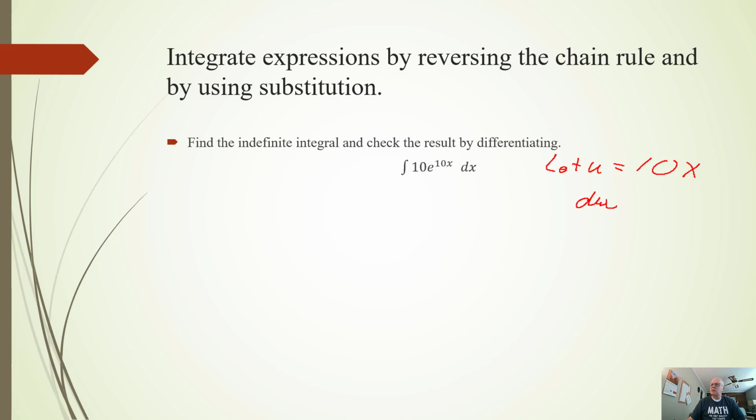du equals 10 dx. Now, back over here, we've got 10e^(10x) dx.